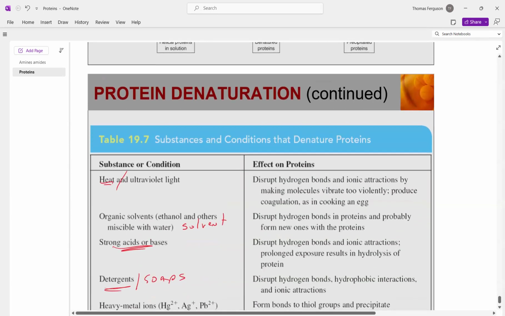Okay, so that's proteins. Proteins are pretty cool. One of the ways of purifying a protein, say we have two proteins and they have different isoelectric values. A very common technique in biochemistry to purify proteins is you change the pH of the solution the two proteins are in. And when you approach the isoelectric point of one of them, it'll precipitate out.